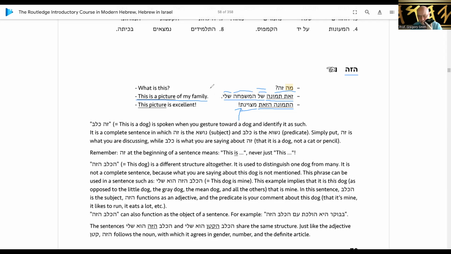Hatamuna hazot mitsuyanet. This picture is excellent. Because the word picture is gendered feminine, instead of mitsuyan, it uses mitsuyanet for excellent.